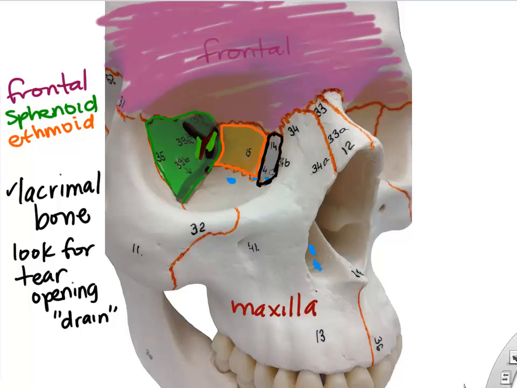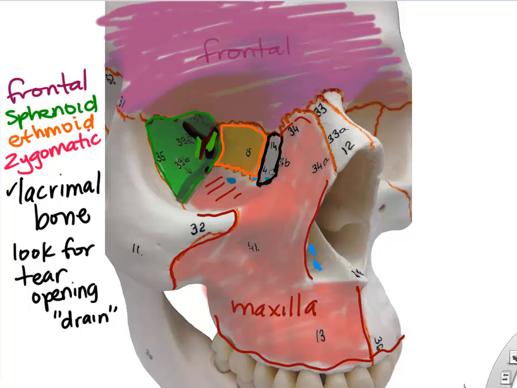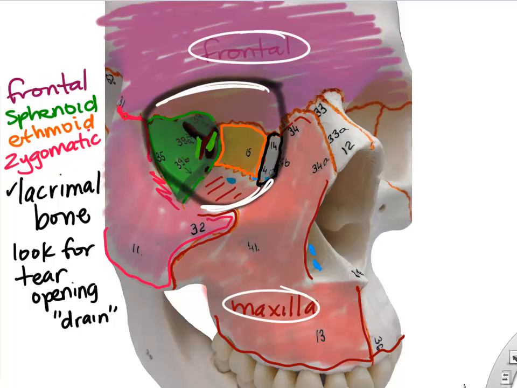And then we can add the maxilla, which is basically the floor or the bottom of your eye socket. So the maxilla is actually a really big bone. It goes all the way up there. So even though it has your upper teeth, it goes all the way up towards your eye. And then on the side, the lateral wall of our eye socket is the zygomatic bone. So there you can see the zygomatic bone filling in the side of the eye socket. All right, and then we put an eyeball in there. You can see how that all works to make the border of the room that holds your eyeball, the eye socket.